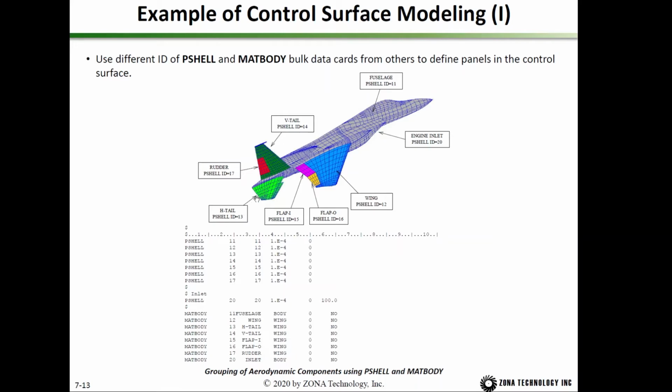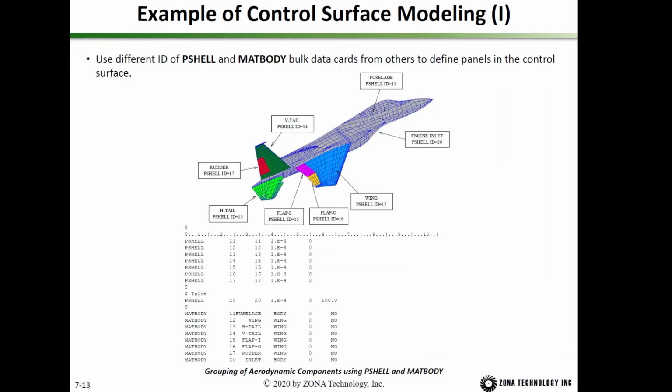So this is the example. If I group all the panels on the fuselage by this MAT body card, and I give it a name called fuselage, so all the PCR cards refer to this MAT body card, and I can include all the fuselage panels by this MAT body. Likewise I can group other panels together.